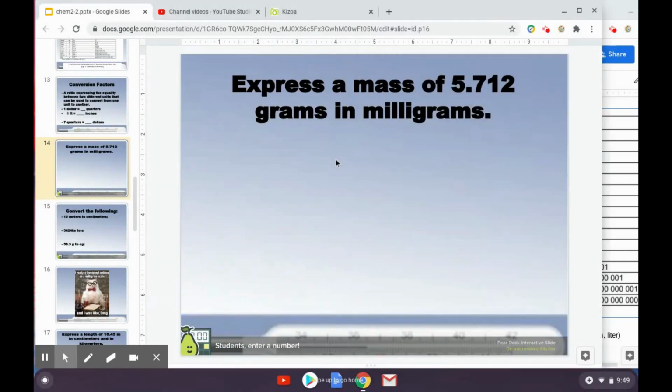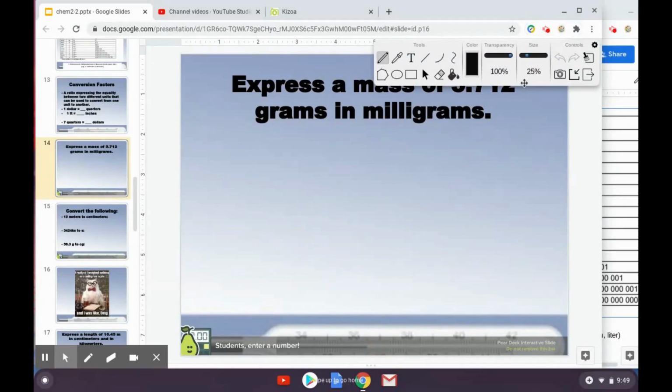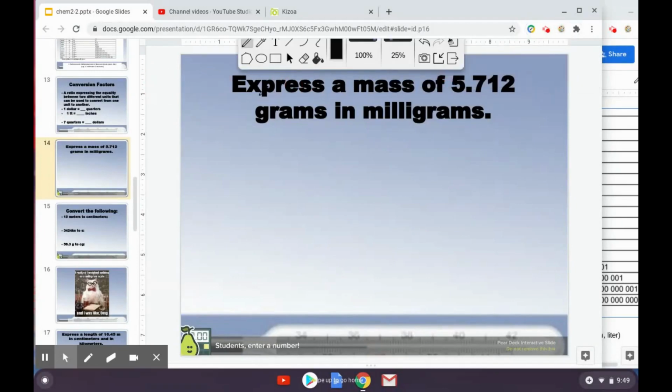So if we start out, first we're going to be starting with 5.712 grams. And then you're going to draw a multiply sign. So this is very similar to a fraction where it's over 1, but we don't write the 1 because that's understood.